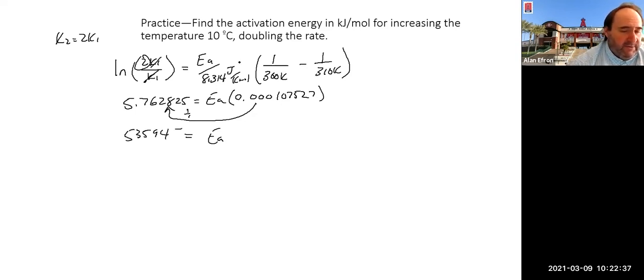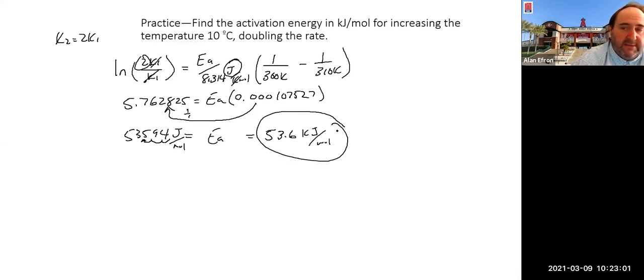Again, they are going to be joules based off of this guy. Kelvin's going to cancel. It's really joules per mole, as the moles in it cancel. And since it is usually kilojoules, we'll move that 3 places over, and we end up with perhaps something like 53.6 kilojoules per mole, which is our activation energy in this particular case.